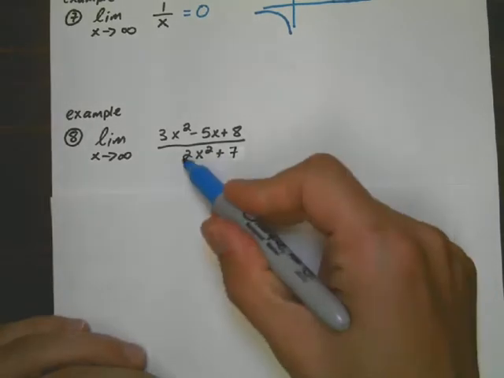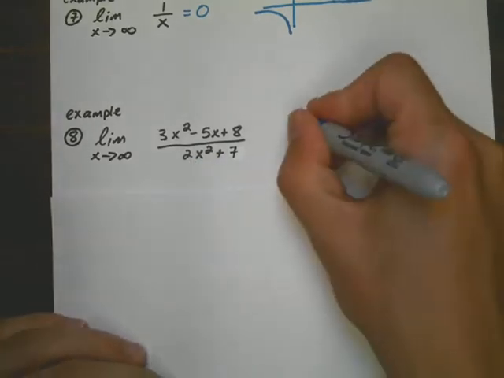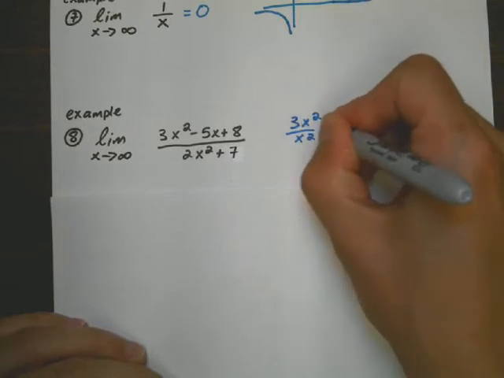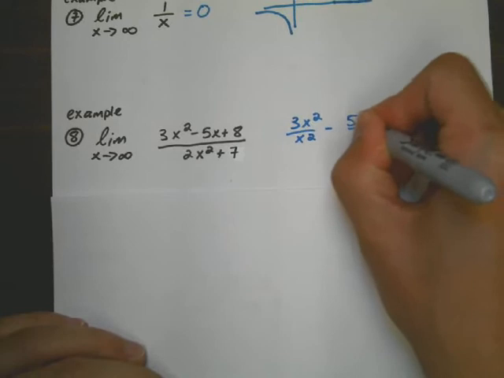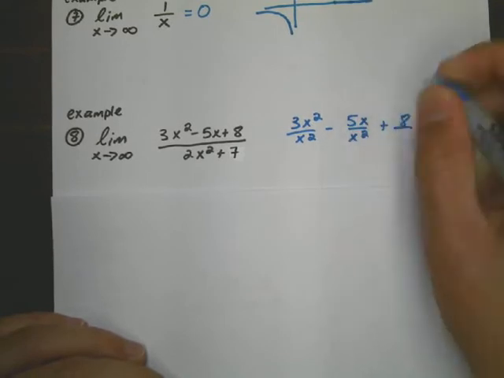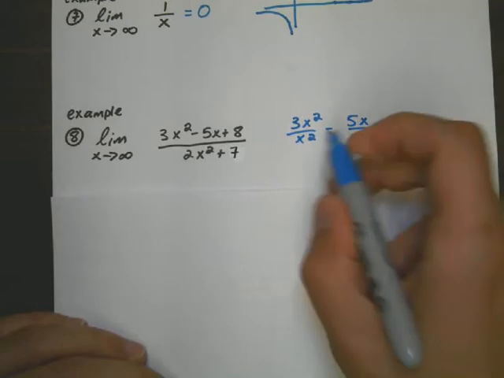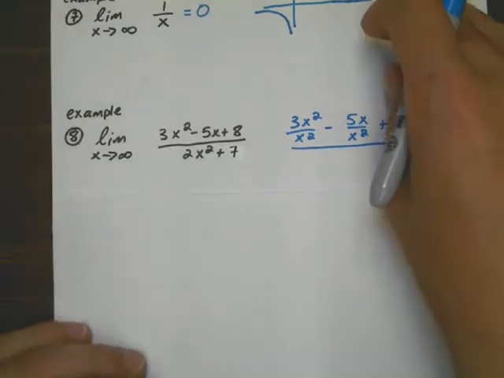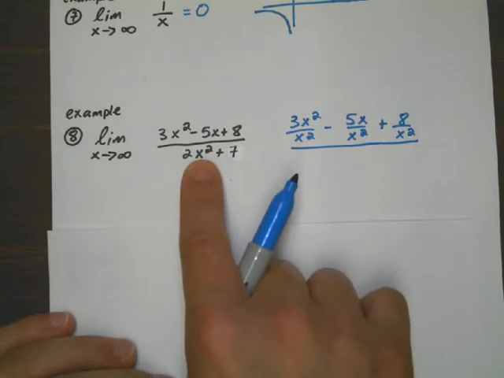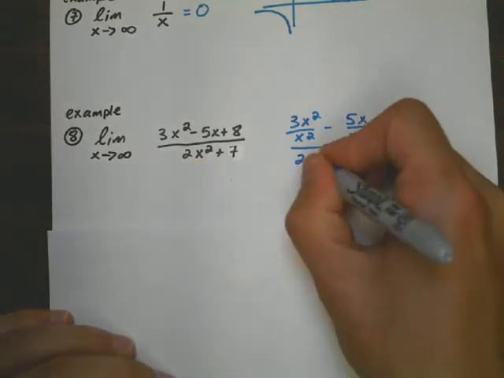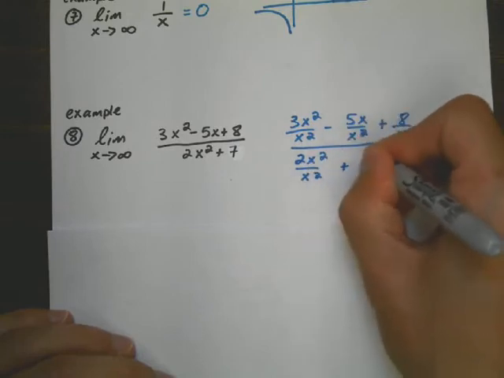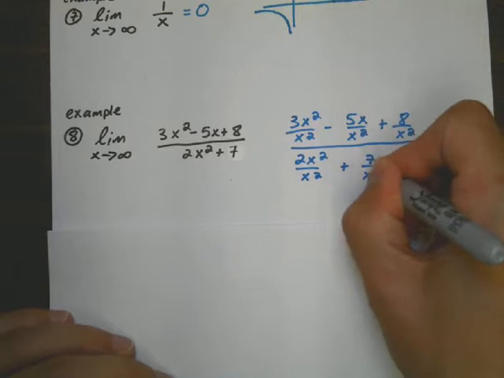So I'm going to go 3x squared over x squared minus 5x over x squared plus 8 over x squared, so every single term gets divided by the highest degree in the denominator, and 2x squared over x squared plus 7 over x squared. Next I get to simplify.